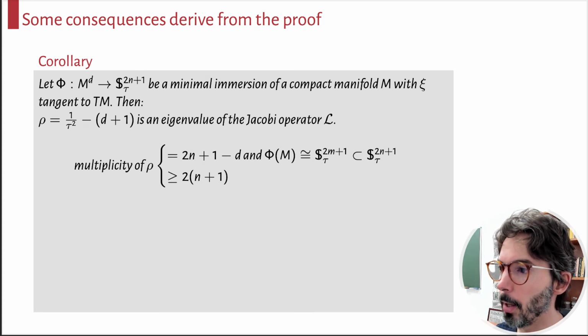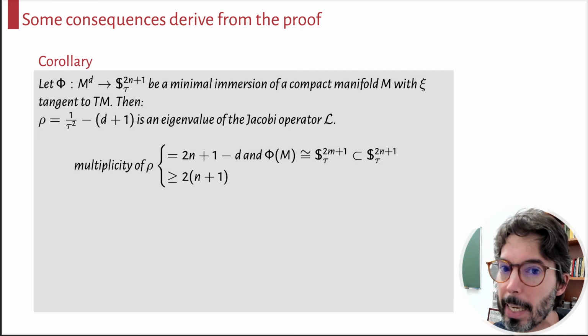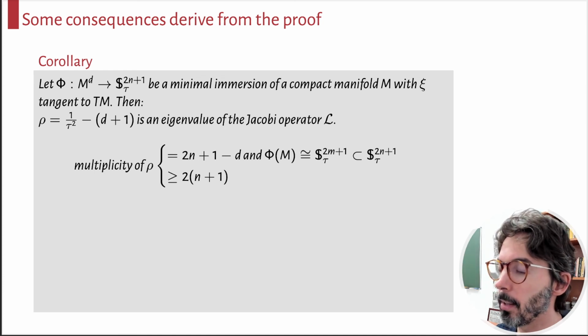So we consider a minimal immersion of a compact manifold M with psi tangent. Then rho, given by 1 over tau squared minus dimension plus 1, is actually an eigenvalue of the Jacobi operator. So whenever we consider an immersion where the Killing field psi is tangent, we know that that particular value is always an eigenvalue of the Jacobi operator.